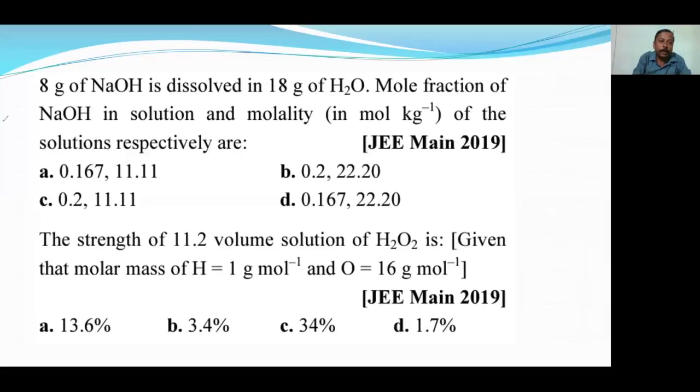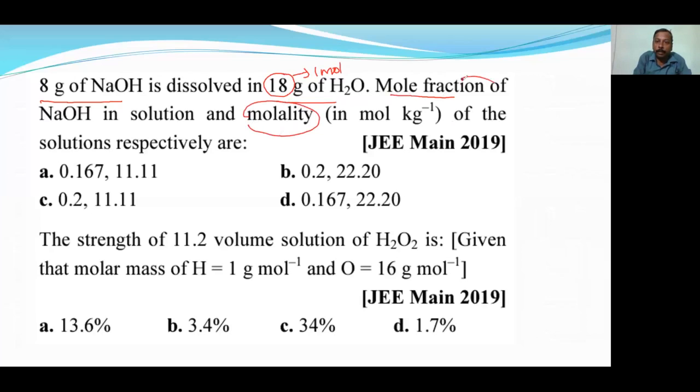In this question, 8 grams of NaOH in 18 grams of H2O. Simple, 18 grams means 1 mole, because I am talking about the mole fraction. For molality it is not required.